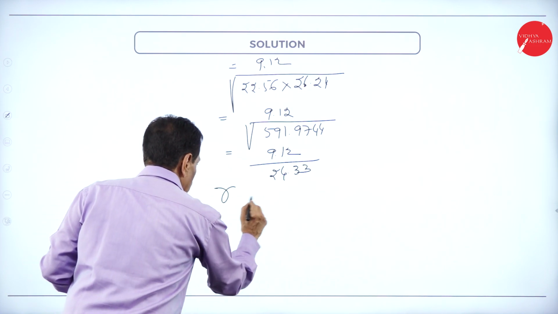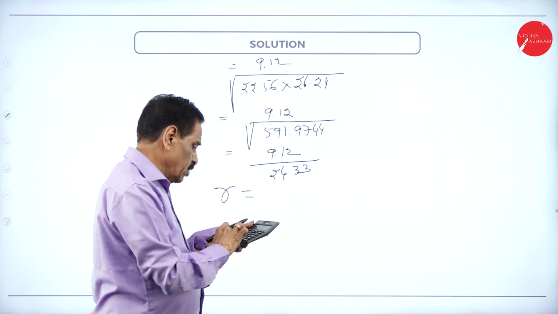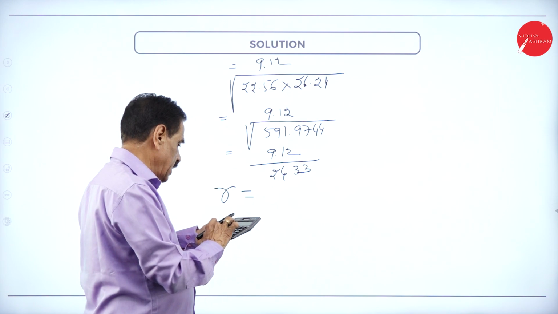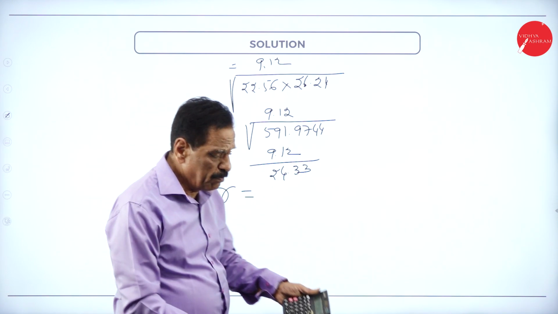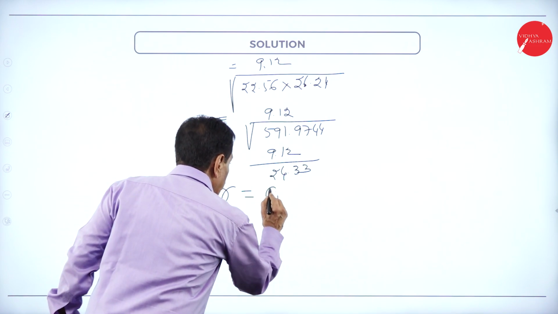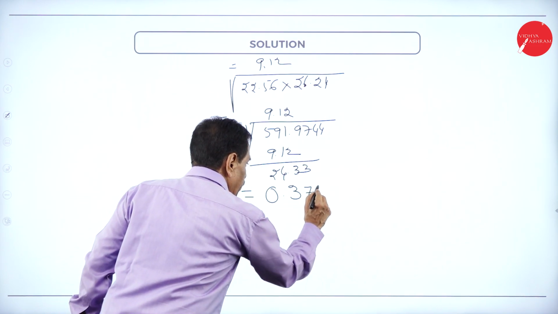So r is equal to 9.12 divided by 24.33, which is 0.375.